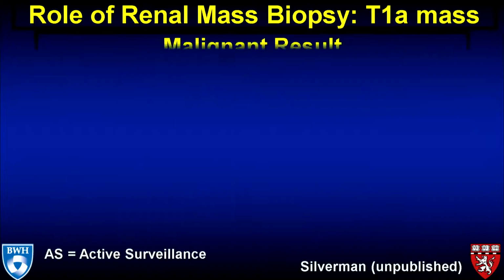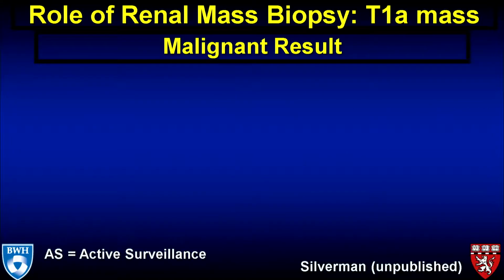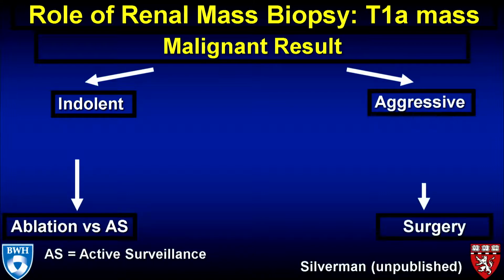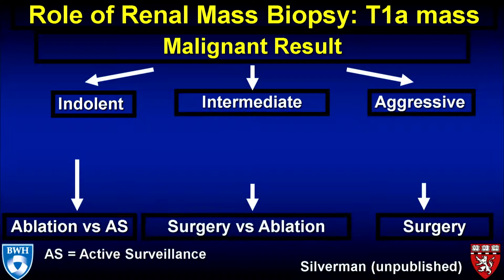It's another reason to do a biopsy. If you have a malignant result, you can put patients into different categories, an indolent category or an aggressive category, and that might dictate management. Surgery for aggressive disease, maybe watch indolent disease, and then you can put them into an intermediate category.